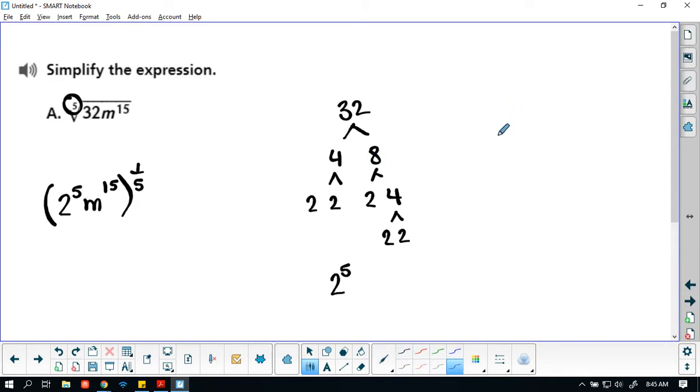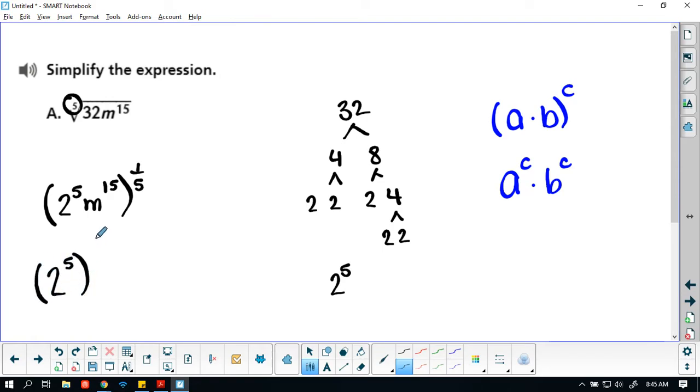Looking at an exponential property here, if I have a times b to the c power, I could say this is a to the c times b to the c, so I could raise each of those factors to the c power. In this case, this is going to be 2 to the 5th to the 1/5 power times m to the 15th to the 1/5 power.